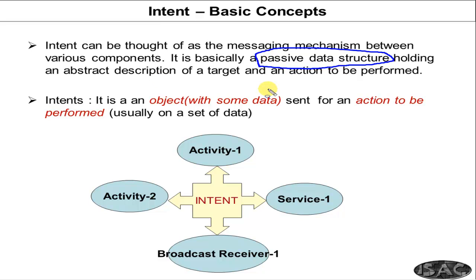So, what it means is that it is an object with some data. So, what is intent? Intent is an object with some data with some action to be performed.